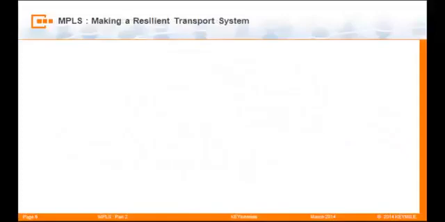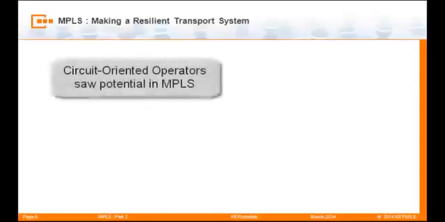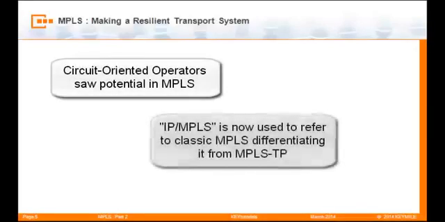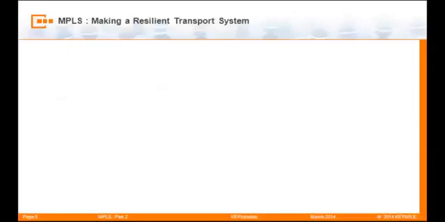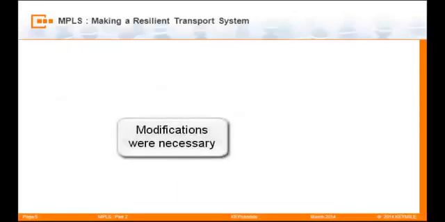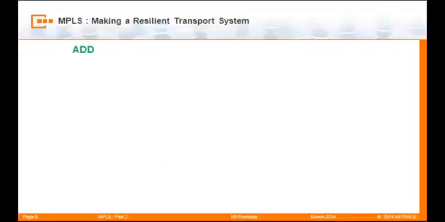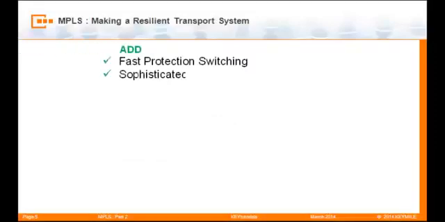Now, interestingly, traditional operators actually liked quite a lot about MPLS, or IP MPLS to give it its full name. But for them to adopt it, there needed to be quite a number of improvements in key areas which would be essential for carrier class connection oriented transport, such as protection switching and OAM.